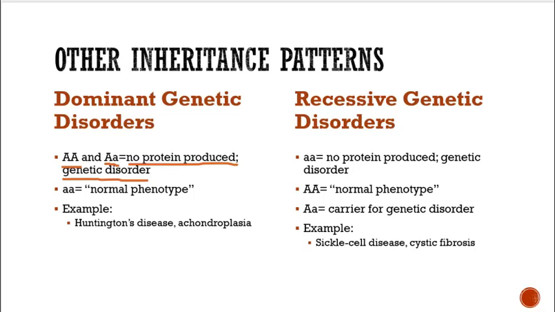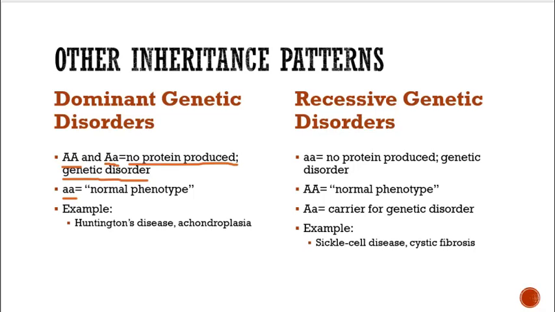So you just need to remember that in a dominant controlled genetic disorder, there are two genotypes that will result in the genetic disorder. If an individual is homozygous recessive, then they'll have the so-called normal phenotype. I always put normal in quotations because none of us are normal. We all have mutations.